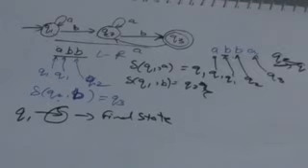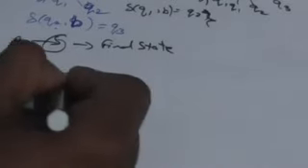Now, one more thing. We can visualize this automata as a machine which has an input tape and a read head. This input tape is provided with input symbols A1, B1, C1, something like that, and a finite control.